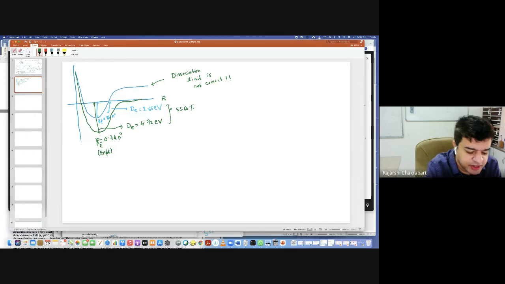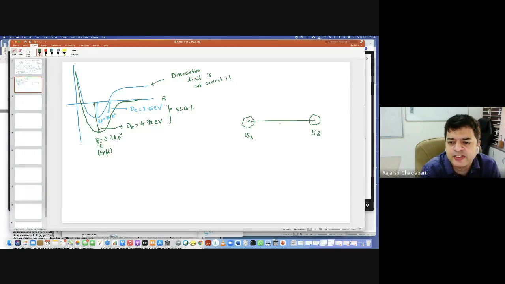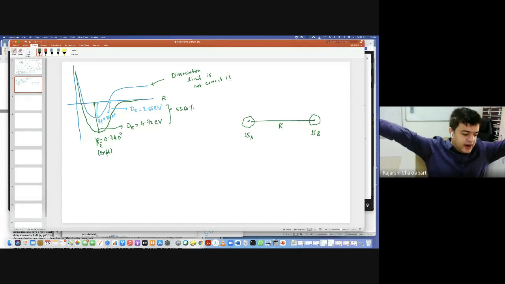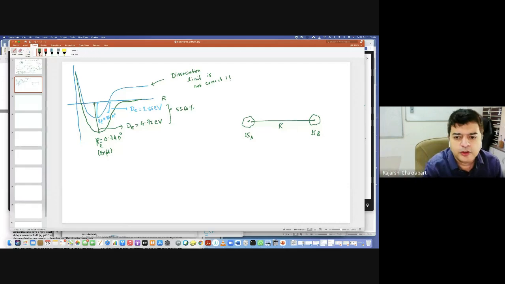Now let us consider another situation where you have this, one is A, on nucleus A, and this is one is B. Okay, and they are separated by a large distance. So what would be the trial wave function in that case? If I see this picture, this is your trial R1, R2.